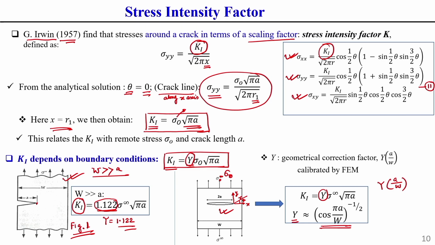This is for a central crack subjected to opening mode, with far field stress sigma 0; here it is considered sigma alpha. You can consider this as sigma alpha also; here sigma 0 is equal to sigma alpha. This is also called the far field stress.